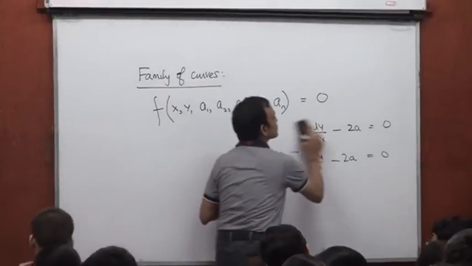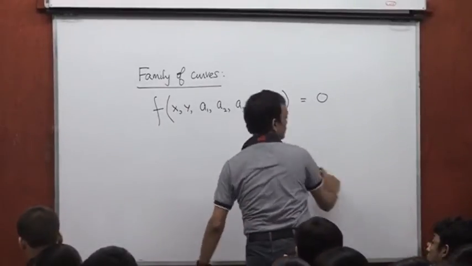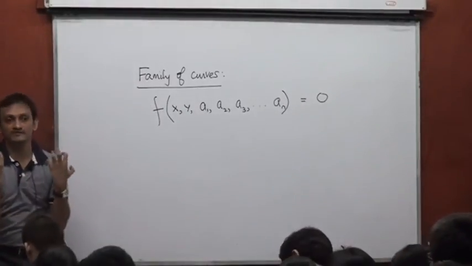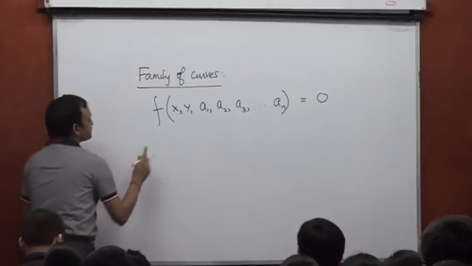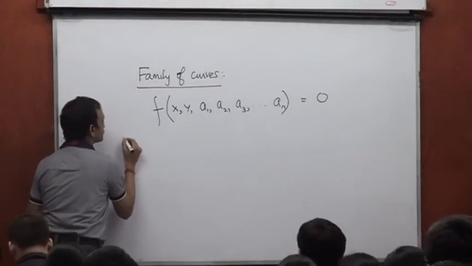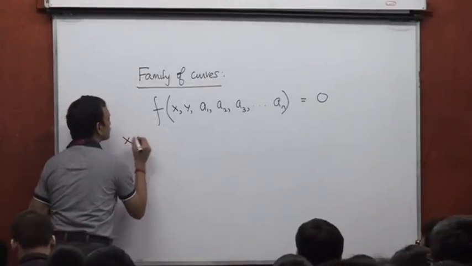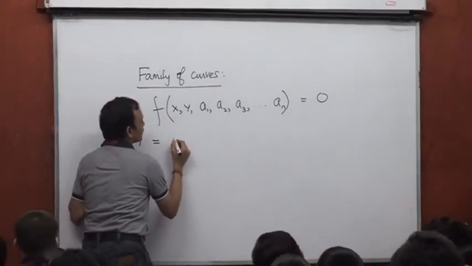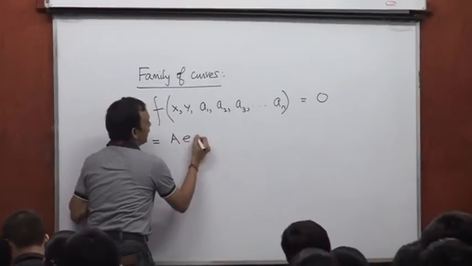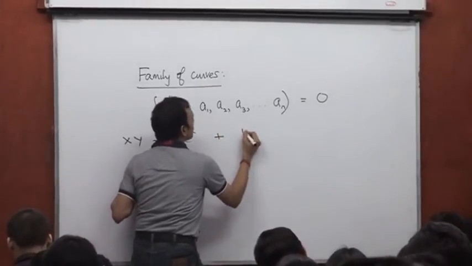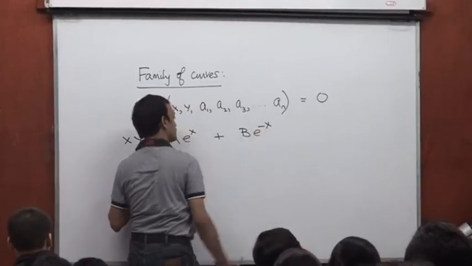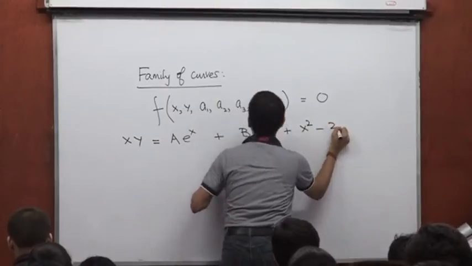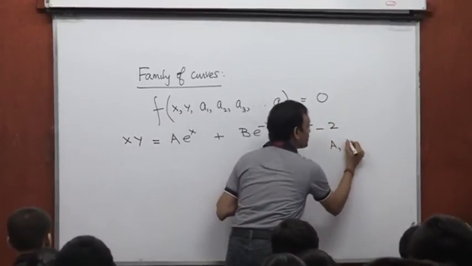Suppose I have a family of curves of the following kind: xy equals a e^x plus b e^(-x) plus x squared minus 2, where a and b are arbitrary constants.